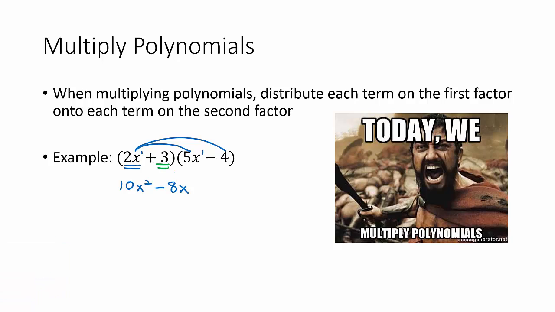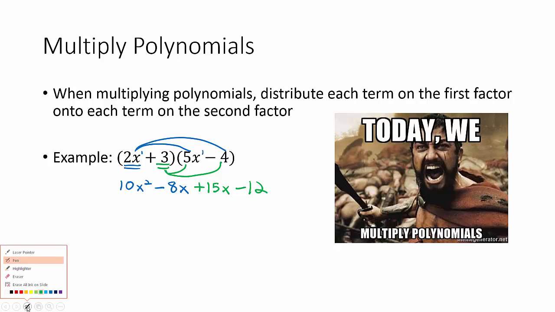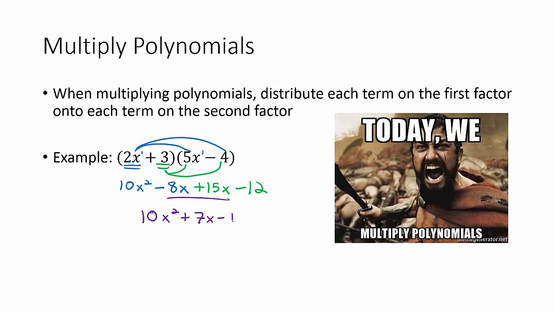Then we take the 3, the next term, and distribute it onto each term of the second factor. 3 times 5x is plus 15x, and 3 times negative 4 is negative 12. We'll clean this up a bit by combining like terms in the middle, and we have 10x squared plus 7x minus 12 for our final product.